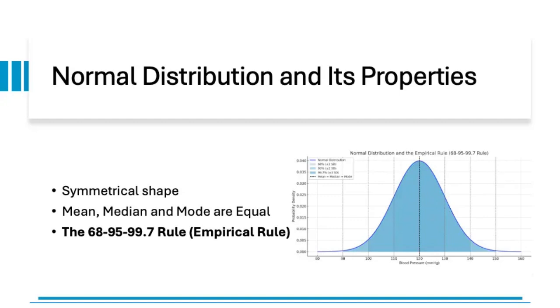Then 68% of patients will have a blood pressure between 110 and 130, 95% of patients will be between 100 and 140, and 99.7%, within three standard deviations, would be between 90 and 150.